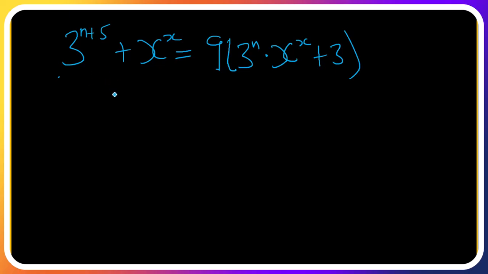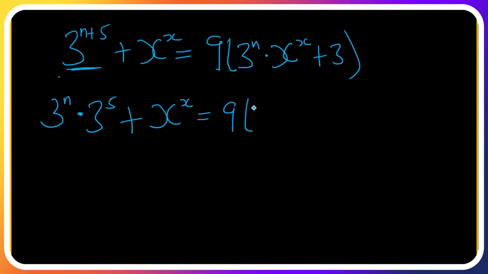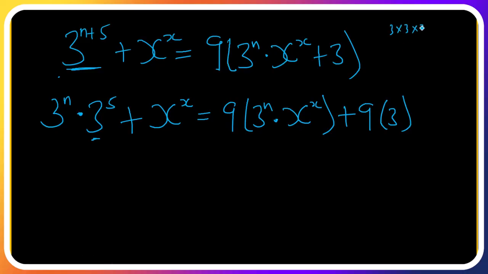With our left hand side, we could simplify it by expanding 3 raised to the power n by 3 raised to the power 5, plus x raised to the power x, equals, multiplying this through, 9 by 3 raised to the power n by x raised to the power x, plus 9 multiplying 3 raised to the power 5, which is 3 by 3 by 3 by 3 by 3: 9, 27, 81, 243.